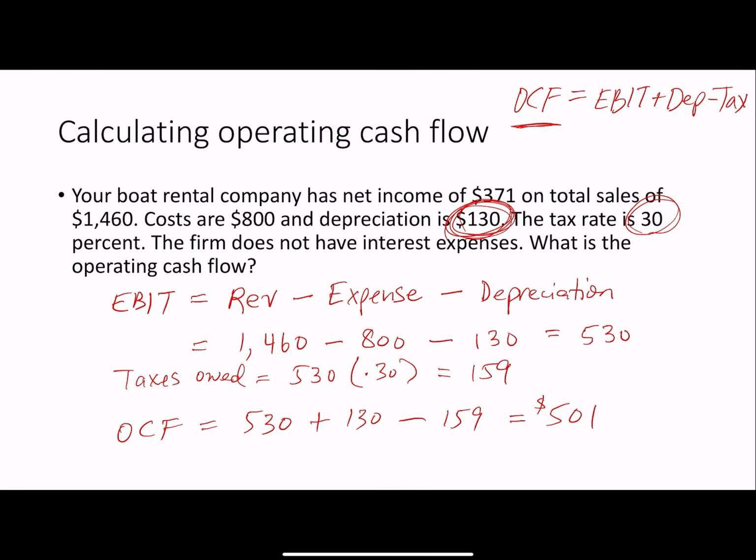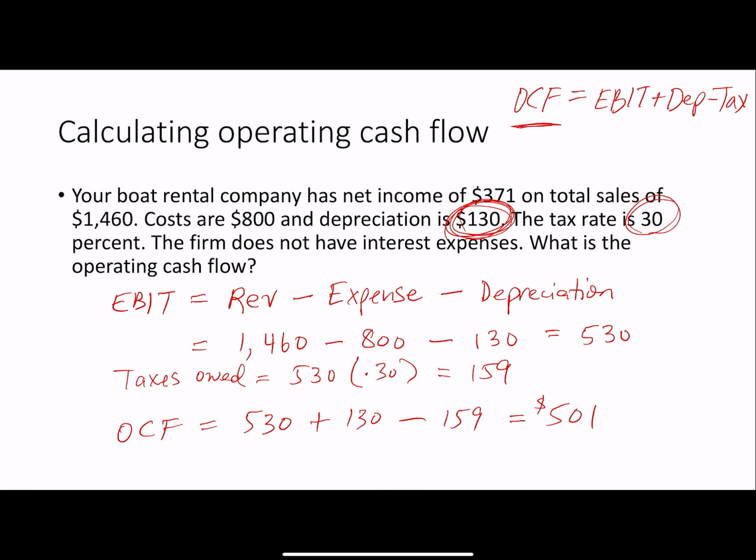All right, so just to recap, we were asked to calculate the operating cash flow. The first thing we did was write down the operating cash flow equation, which equals EBIT plus depreciation minus taxes. Then we said, wait a second, we don't know EBIT or taxes, so we have to calculate EBIT. EBIT is relatively straightforward, right? We start from revenues and then take out operating expenses, and then we further take out depreciation, which is a non-cash expense.